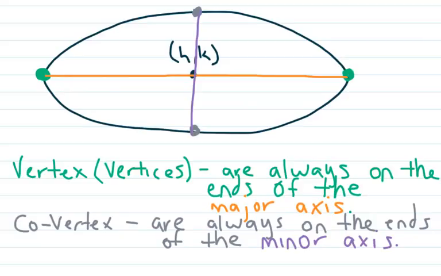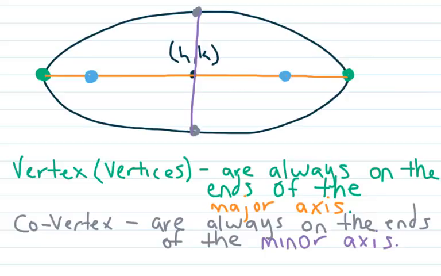Okay, I want to make sure we're using the proper vocabulary. I have one other thing that relates to the presentation that I did in the beginning. And these are always located on the major axis. Anybody remember what I called them? Remember the blue thumbtacks? What did I call them? Focus points. The foci. See, I made them blue.